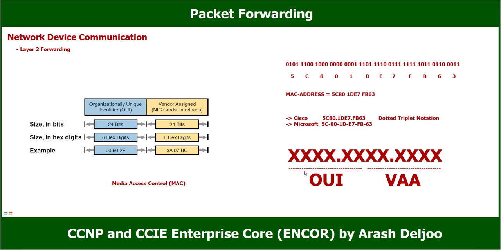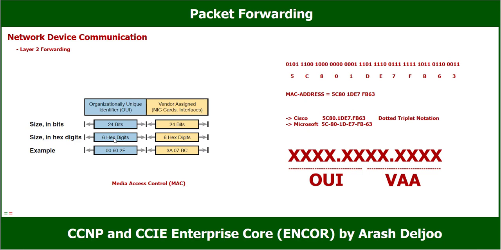The first part is the OUI, or organizationally unique identifier, and the second part is the vendor assigned address, or VAA. OUI has 24 bits and the vendor assigned address has the other 24 bits. MAC address has 48 bits, so OUI has 24 bits, half of the MAC address, and the vendor assigned address has the remaining 24 bits.